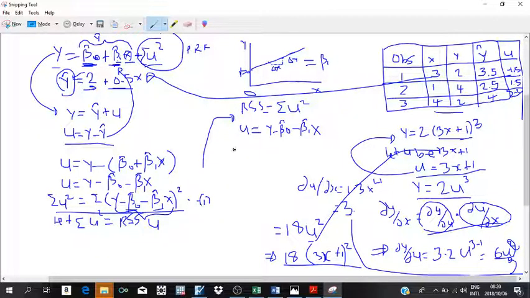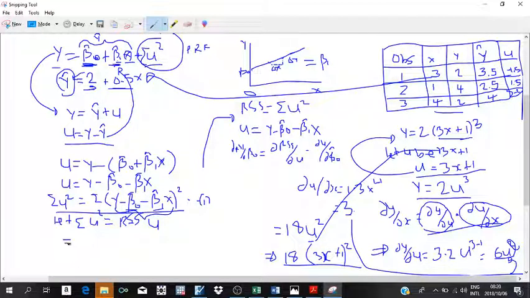So the overall derivative with respect to beta hat naught will be given by first the derivative of the residual sum of squares with respect to u, times du with respect to beta hat naught.